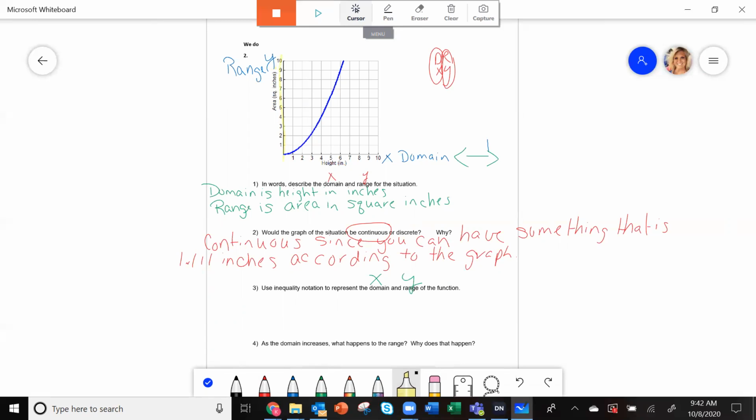So if I box it in from the very left to the very right, and again, I would use highlighters at home on my paper to help me see that. It is going from 0, and it looks like it's out here at about 6.5. Now, anything a little bit bigger than 6 would be fine. So for my domain, I'm going to write 0 less than or equal to X less than or equal to 6.5.